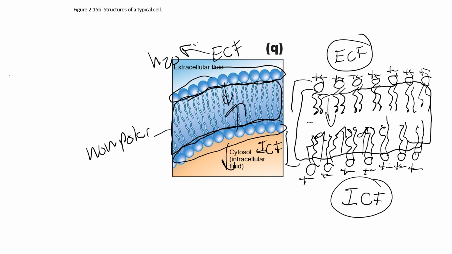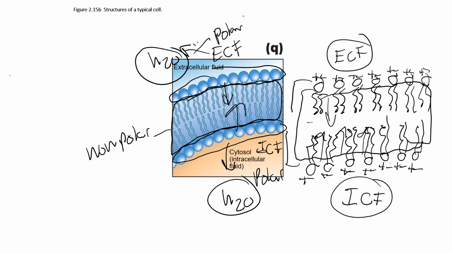What is the intracellular fluid mostly made up of? It's mostly made up of water. The intracellular fluid and extracellular fluid are mostly composed of water. Okay. Well, if the extracellular fluid is mostly composed of water and the intracellular fluid is mostly composed of water, then the intra and extracellular fluid is mostly polar. The extracellular and intracellular fluid is mostly made up of a polar substance that is water.